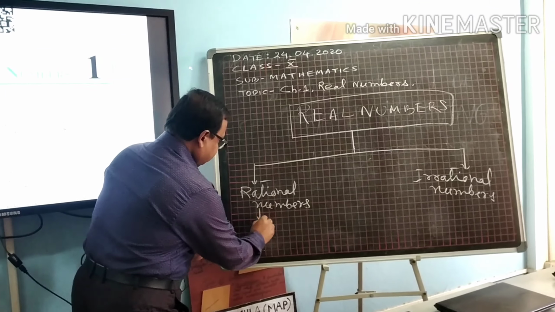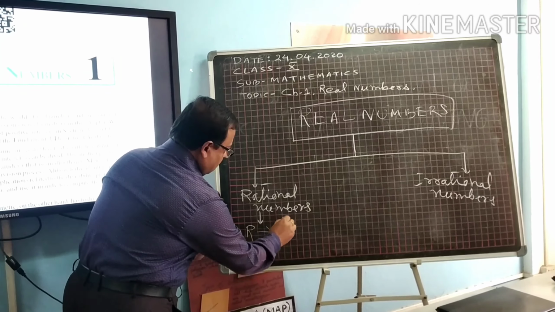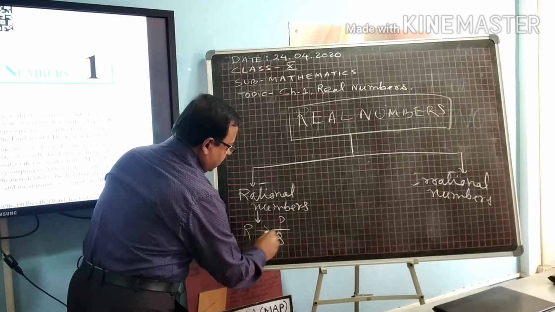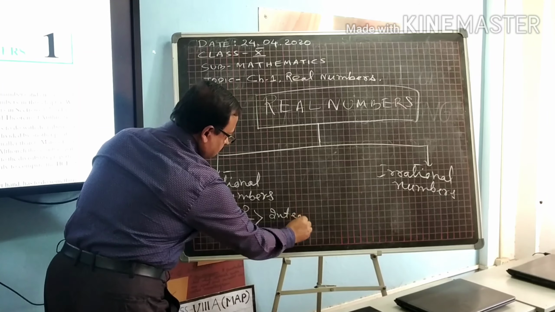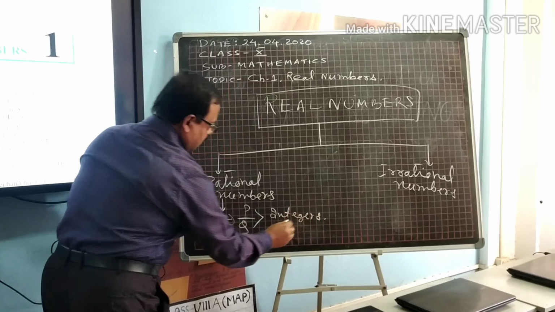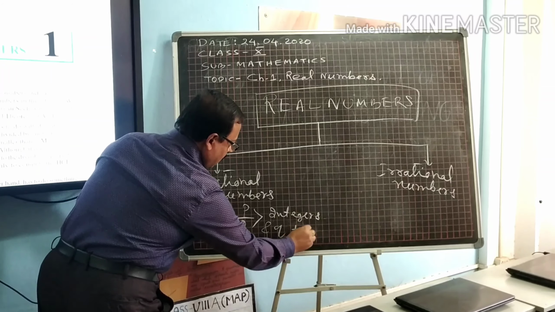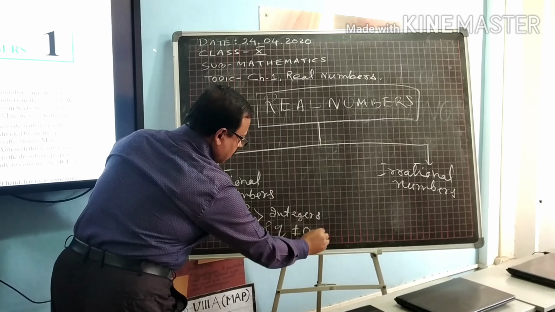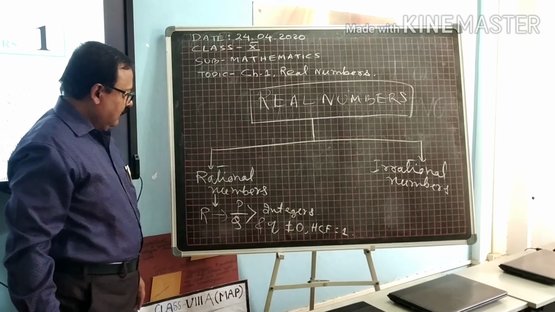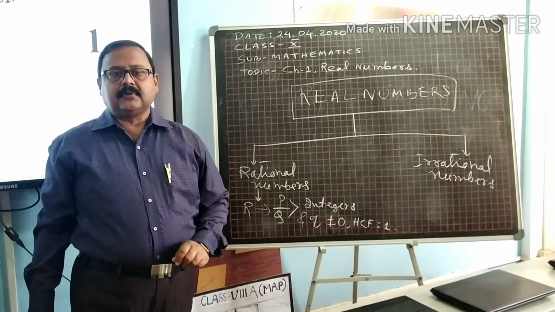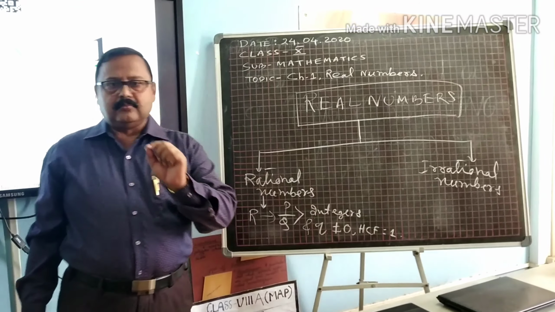P by q, both are integers, q is not equal to 0, and HCF is 1. That is rational numbers.